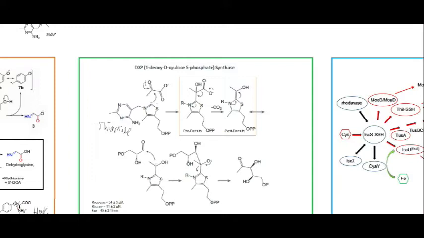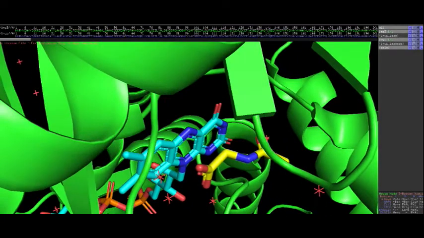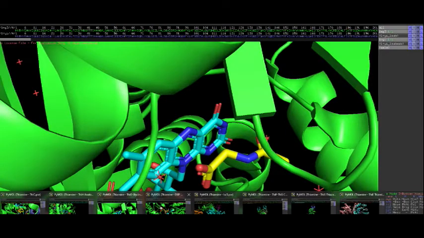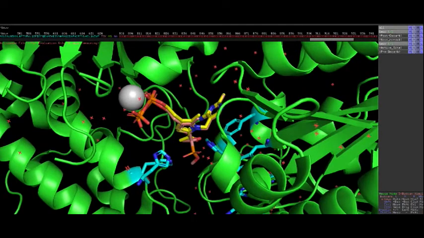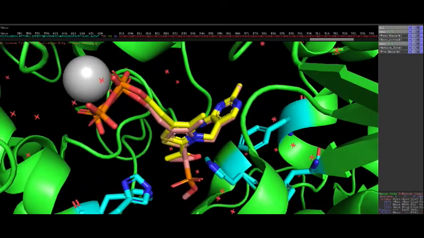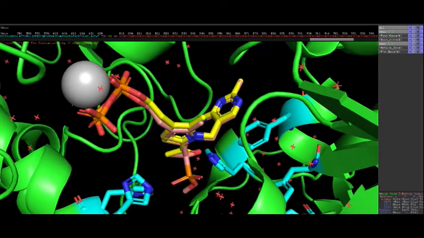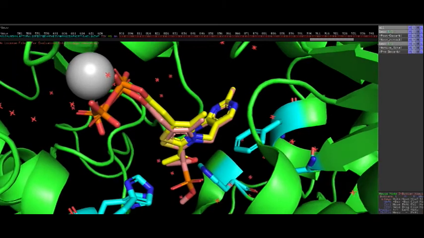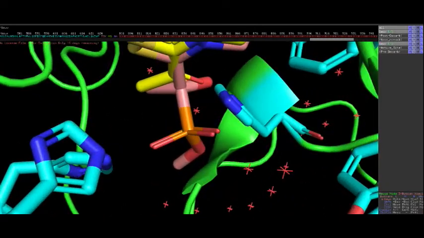And so the structure I have for this, this is the ThiO, this is the DXP synthase right here. So we can see here in salmon is the pre-decarboxylation intermediate, and the yellow is the post-decarboxylation. So the salmon is actually an analog.